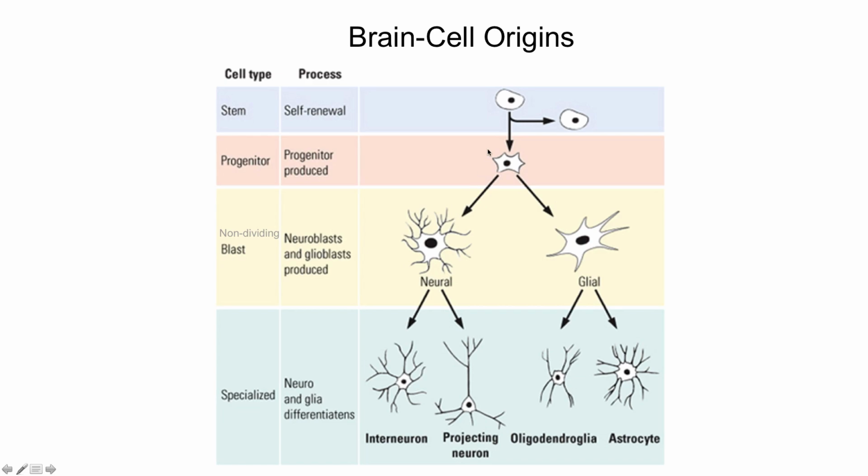I definitely don't want you to forget this pathway. It goes from stem cells, which are self-renewing and can divide, then they become progenitor cells, and then these become either neuroblasts or glioblasts, and then eventually these specialize into whatever they end up being towards the end.